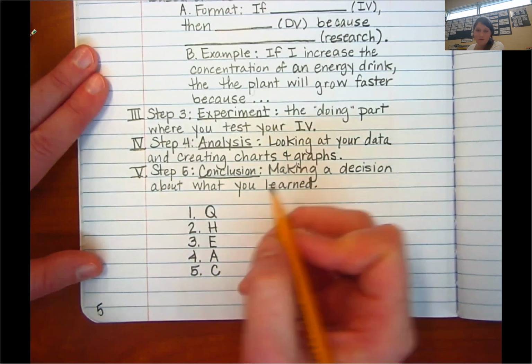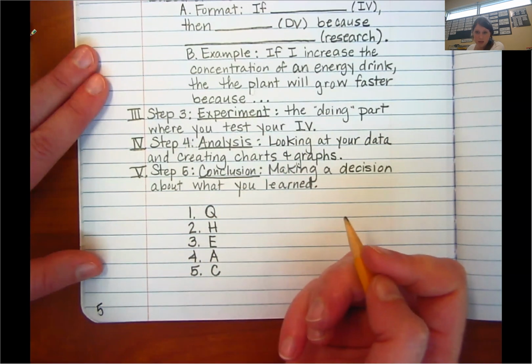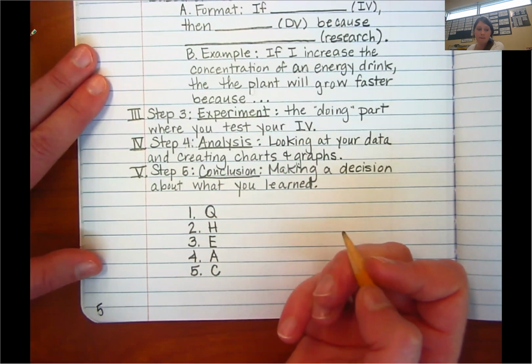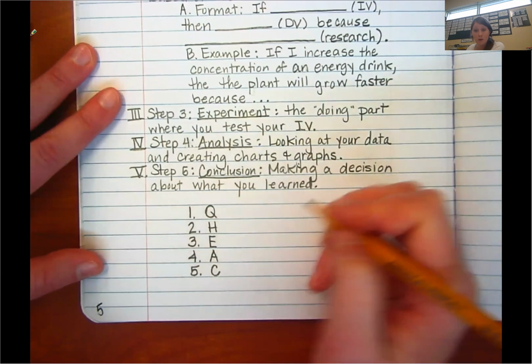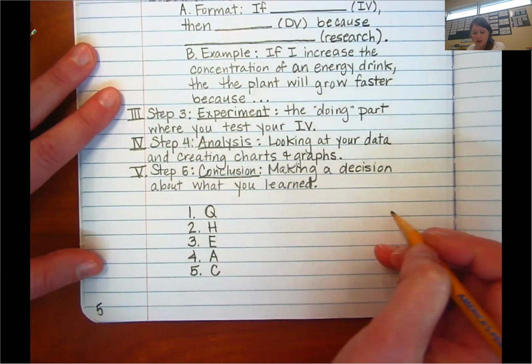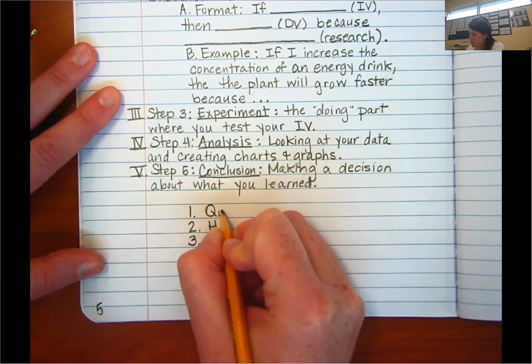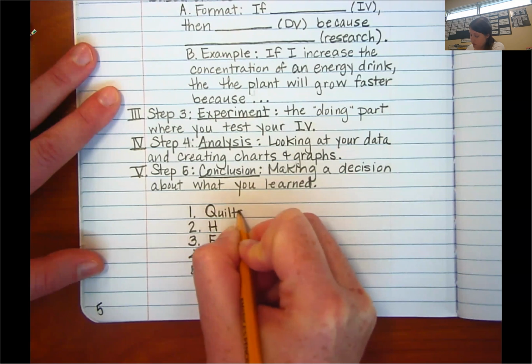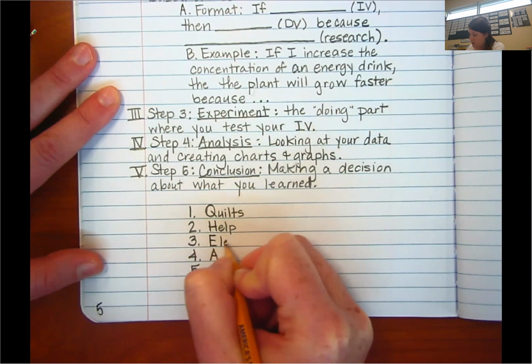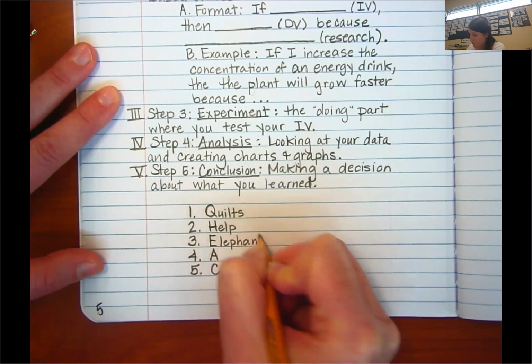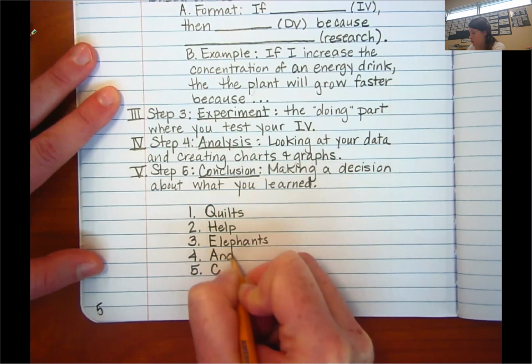So I have already come up with a mnemonic that I shared with you the last class, but I'll write it here. And if you would like to come up with your own, you can put one to the side as well. So the one I did was quotes, help, elephants, and chickens.